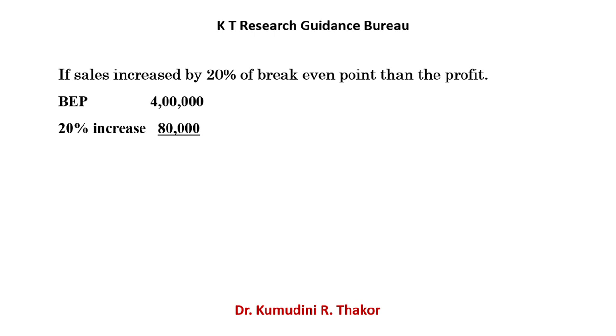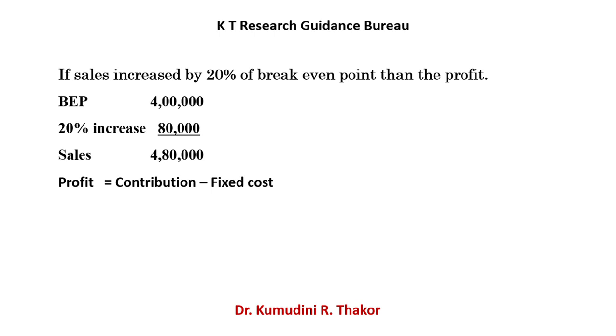So, read the question carefully. So, BEP 4 lakhs increased by 20% is equal to 20% of 4 lakhs equal to 80,000. Sales will be 4 lakh 80,000.